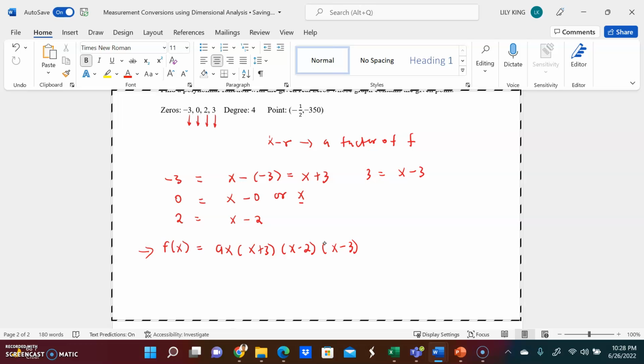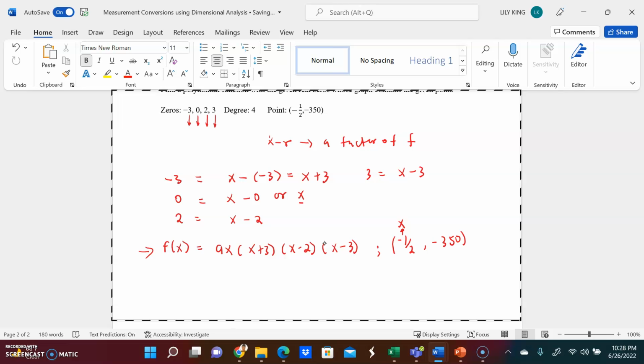In solving for a, we're going to substitute the x and f of x values from the point. The point given in the question is -1/2 and -350, where -1/2 is your x value. So wherever you see x in this f of x equation, you plug in -1/2.